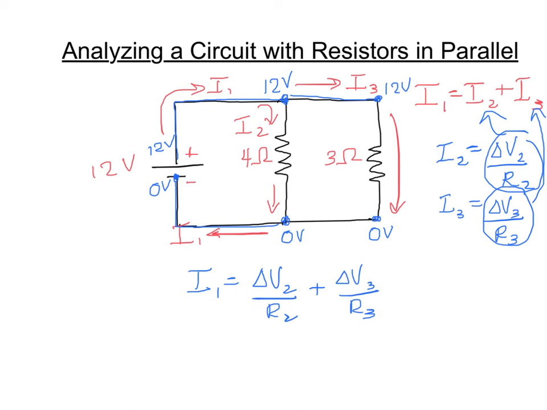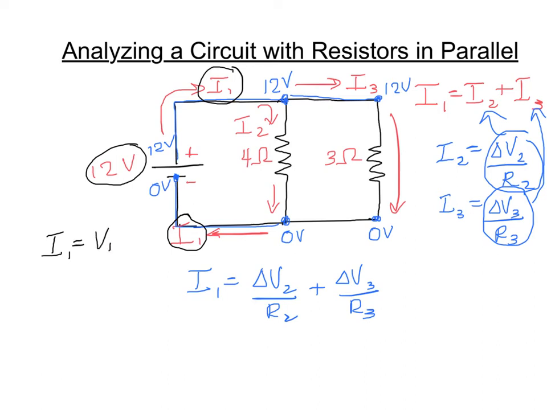But I1 represents the total amount of current going through the circuit. Remember I1 is this amount up here, this amount down here. It's the sum of those other two. So I1 is just the total voltage of the circuit, which is the 12 volts, divided by the equivalent resistance of the circuit.